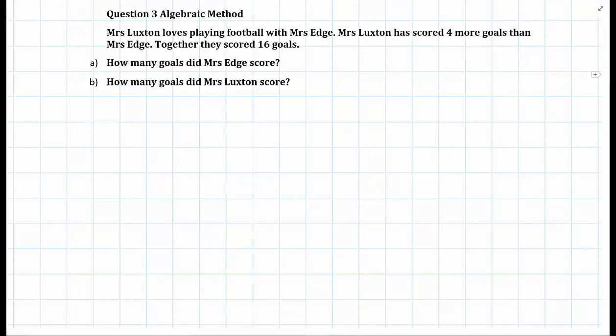So step 1. Mrs. Edge is equal to x. She is the smallest quantity. So step 2.